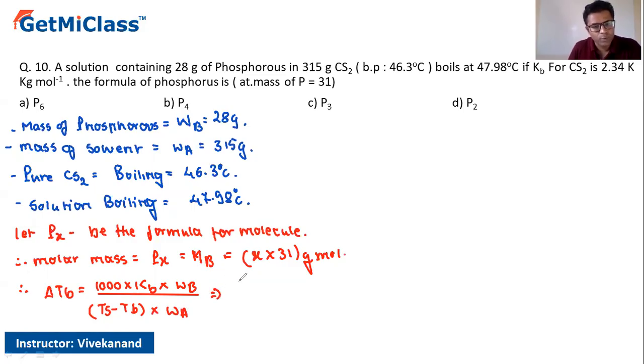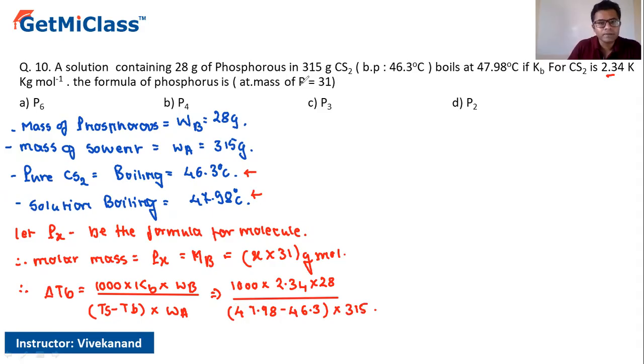Okay, now this would give rise to 1000 into Kb value 2.34, into 28. Now let's divide this entire case with Ts minus Tb, Ts, that is solution, minus Tb, that is 47.98 minus 46.3. Okay, so 47.98 minus 46.3 into Wa, we have 315.